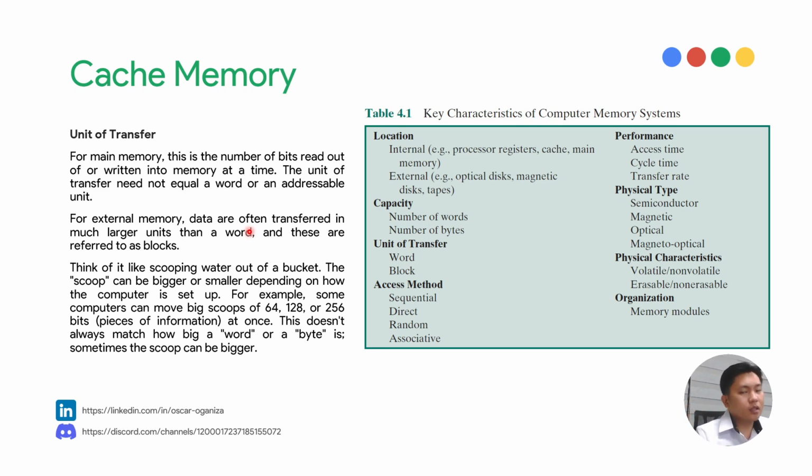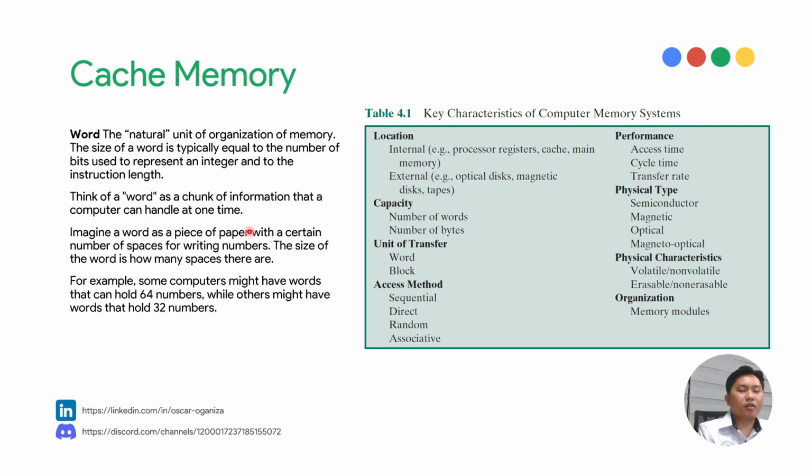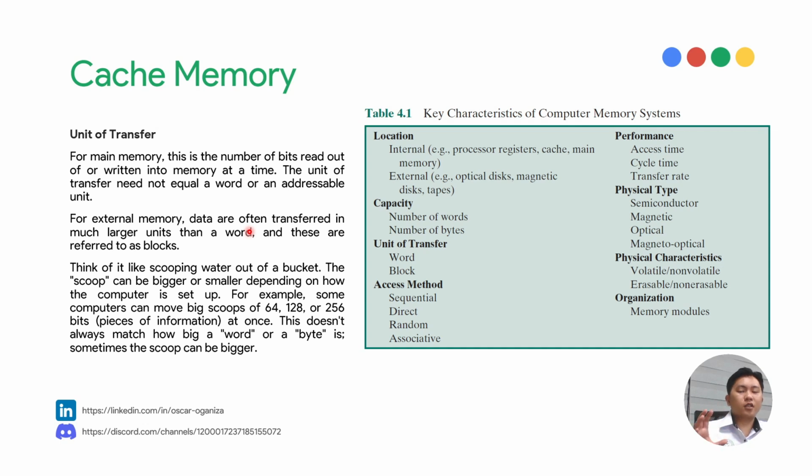Minsan meron siyang 256 gigabits of data that can transfer. So, depende yan sa kung anong system meron ka ngayon. Those are some of the characteristics of cache memory. Meron siyang bit or byte, or before is word. Meron siyang addressable unit kung saan nakalagay yung mga data. And yung unit of transfer, kung paano siya mag-transfer. Okay?